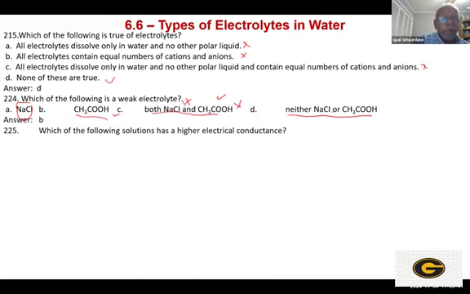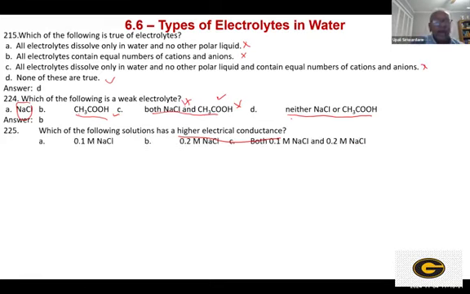Which of the following has a higher electrical conductance? Therefore, you have to pick the strong electrolyte, which are ions. High electrical conductivity means higher ion concentration. Sodium chloride is a strong electrolyte.